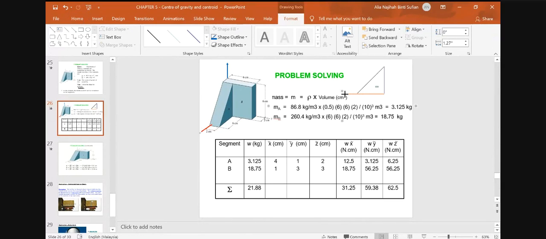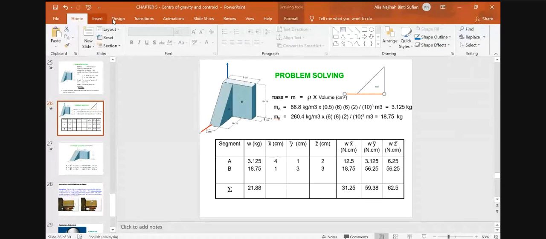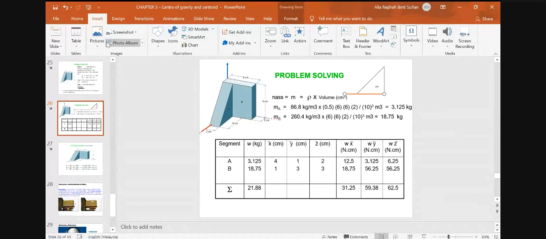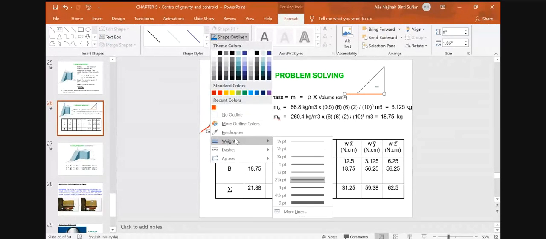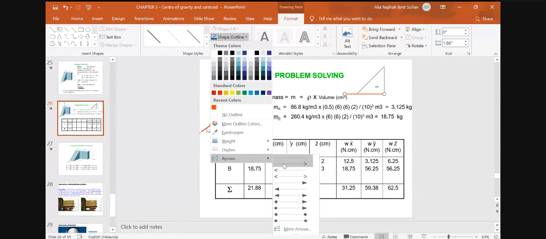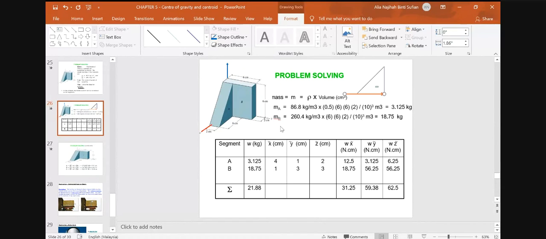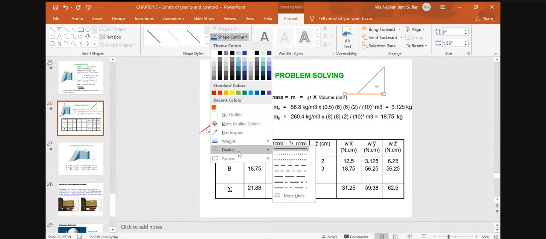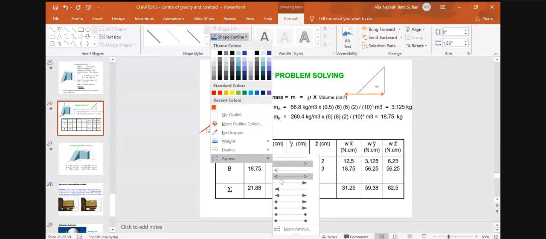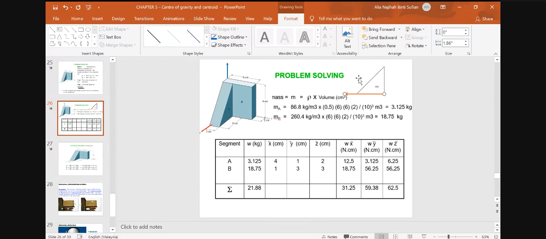Let me draw again the x-axis here. Okay, this is x-axis.